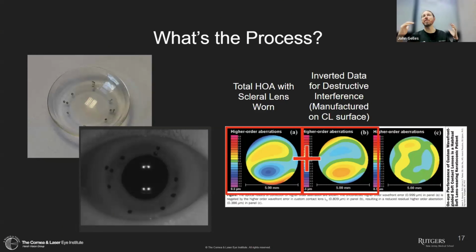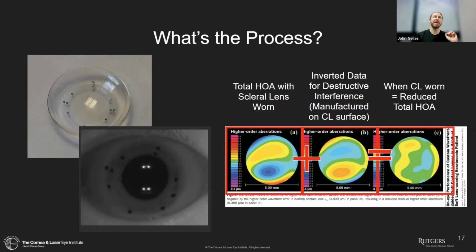And then we reduce the total higher order aberrations when that wavefront guided lens is worn. So that's the process of this. Basically, measure what's there, create equal and opposite, and the two come together to cancel each other out and give us a better quality of vision.